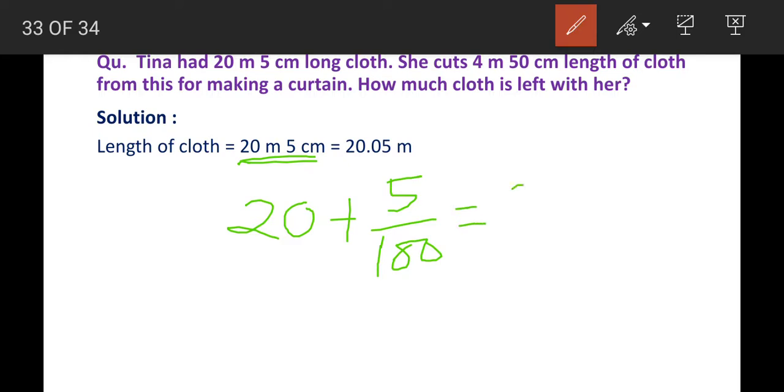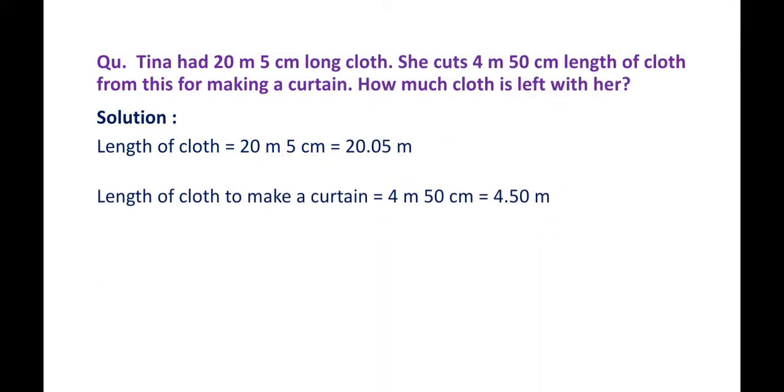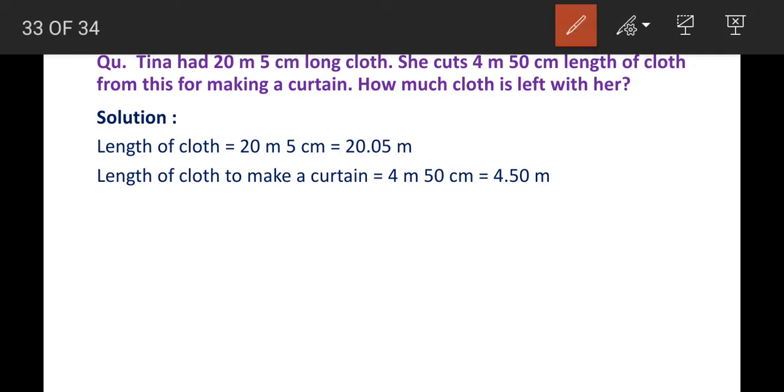So it becomes 20.05. Clear? Next, the second one. The length of the cloth to make the curtain is 4 meter and 50 centimeter. In the same way, 50 centimeter converted is 0.50, so it becomes 4.50 meter.